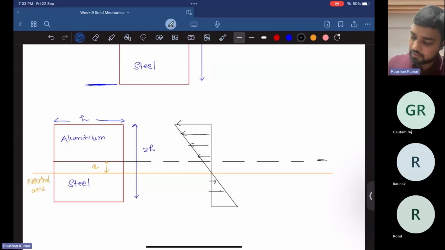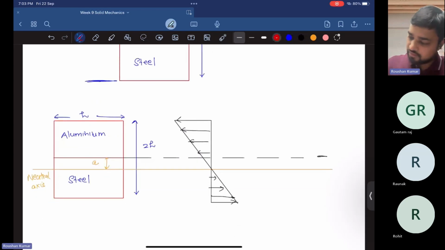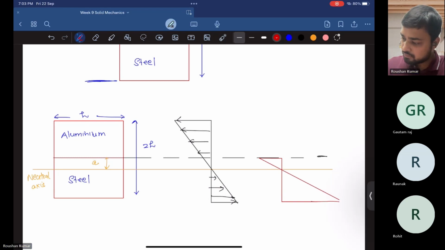And if we consider only the steel as an individual beam, then the bending variation is given this way.